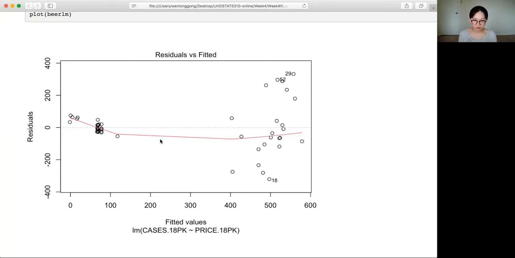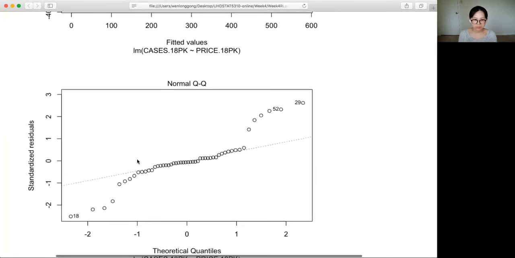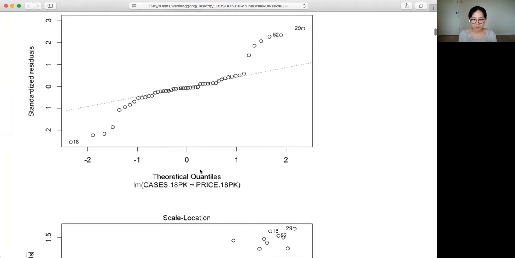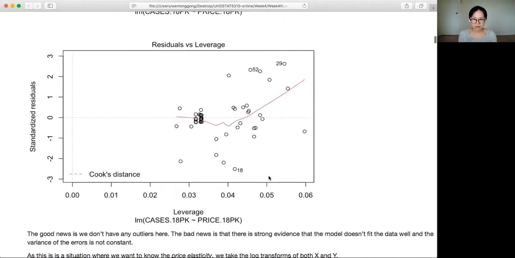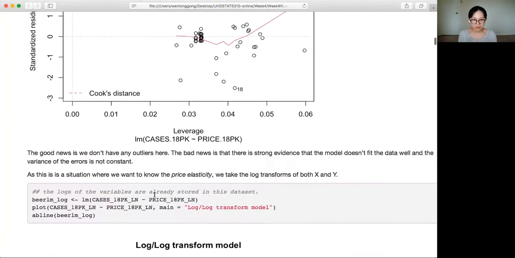So non-constant residual variance. So not good. On the standardized residual and the normal QQ plot, we have some outlier issues on both tails of the QQ plot, and some kind of trend here, non-constant variance as well. And fortunately, there are no influential outliers here.